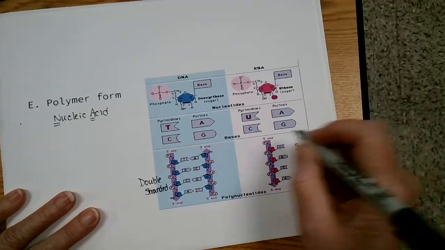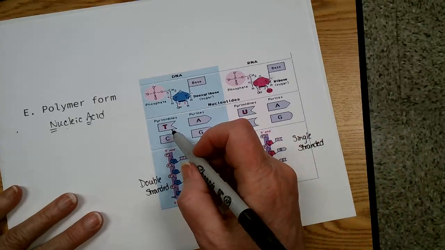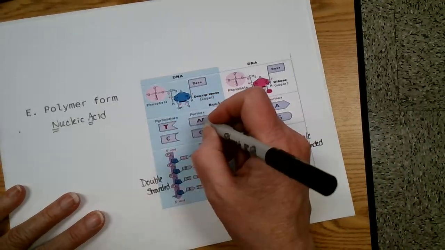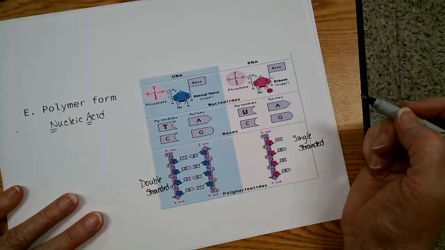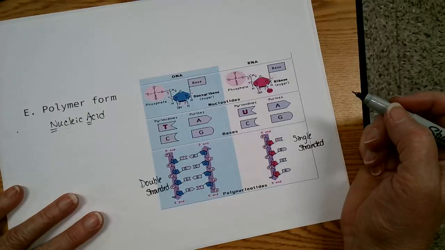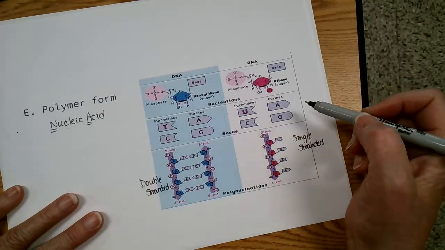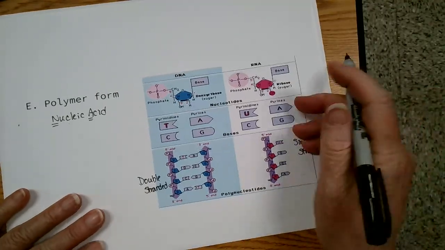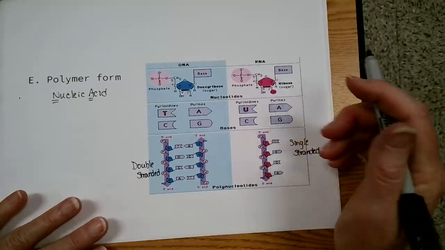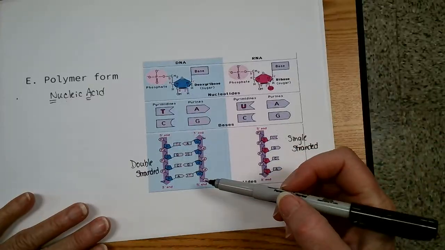The next thing, remember the bases? In DNA, it can be T, A, C, or G. But in RNA, it has to be U, A, C, or G. No big deal there. I want you to notice something about the bases.